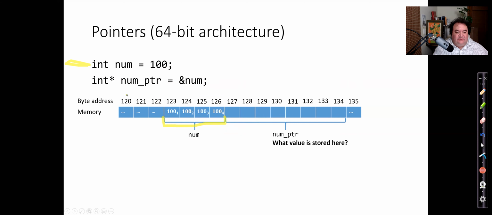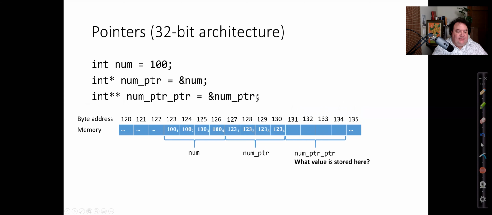But now the address of num will be stored in 8 bytes instead of 4 because it's a 64-bit architecture, so the pointers take more space. And so the value 123 gets stored as a long integer. It's really a pointer, but it's 123 stored across 8 bytes instead of 4.